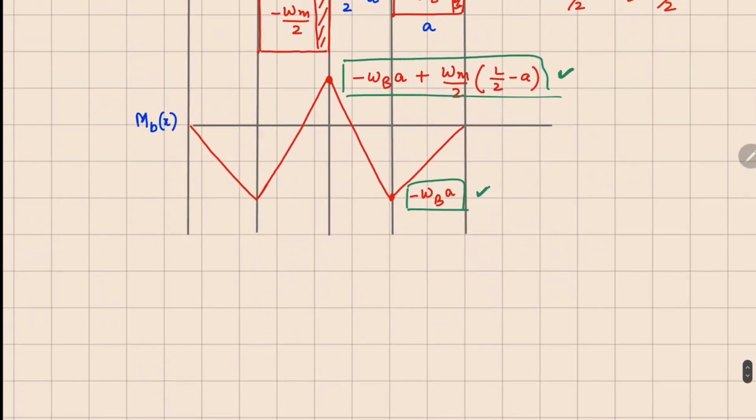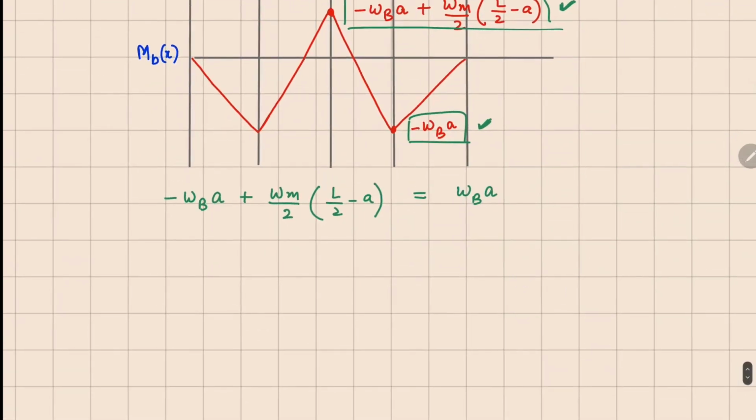So if you want to have this to be a minimum, you need to compare both of these. So minus WB times A plus WM divided by 2 times (L by 2 minus A), that's the maximum possible on the positive side, equals the absolute value of this, meaning WB times A. So if I solve for the weight of bricks from here, we get WB is going to be WM divided by 4A times (L by 2 minus A).